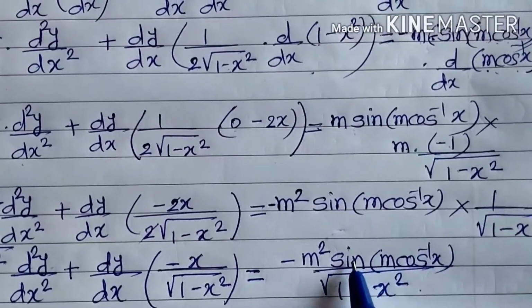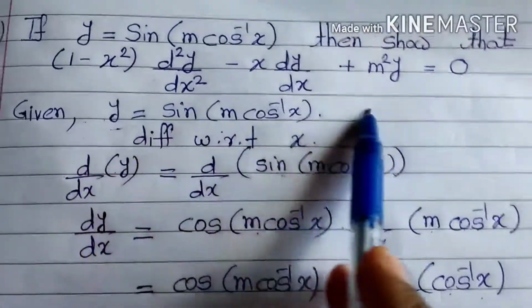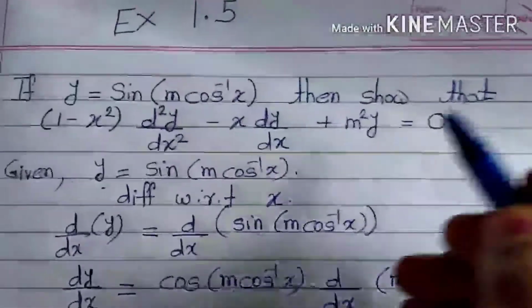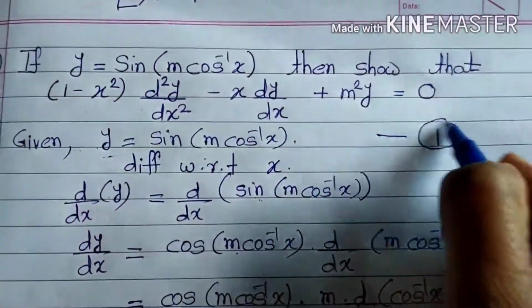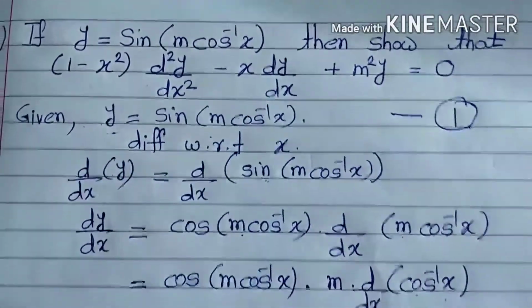Now you can observe sine(m cos inverse x) is our given expression, which is equal to y. So write here equation first and use y instead of sine(m cos inverse x).